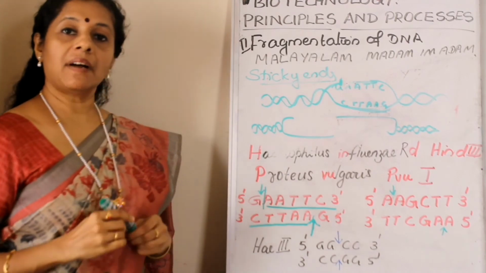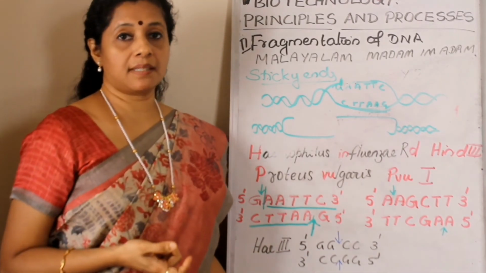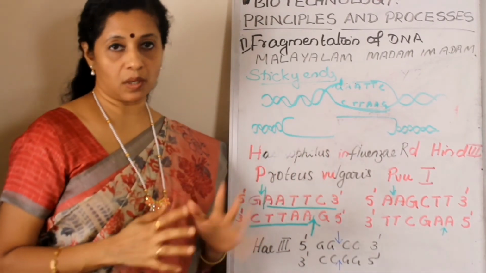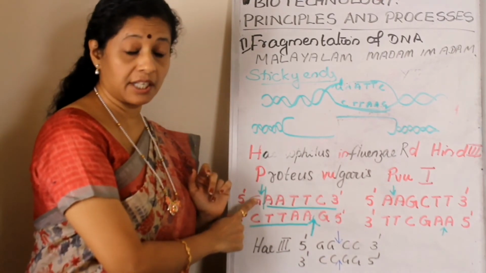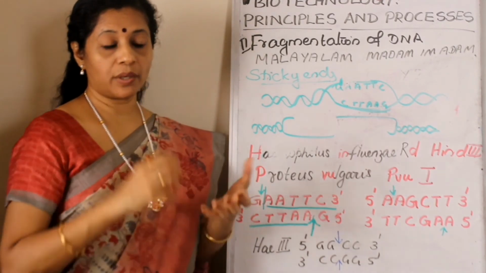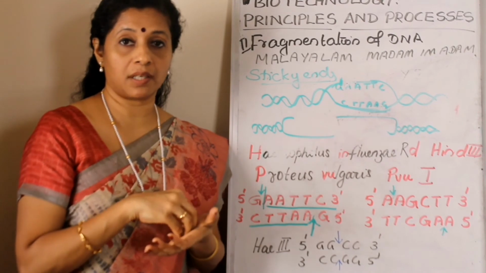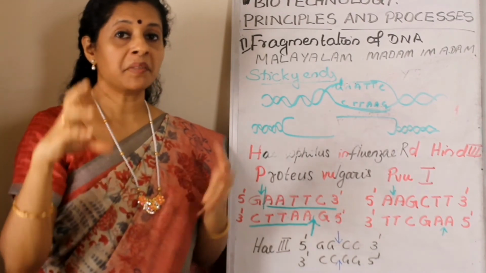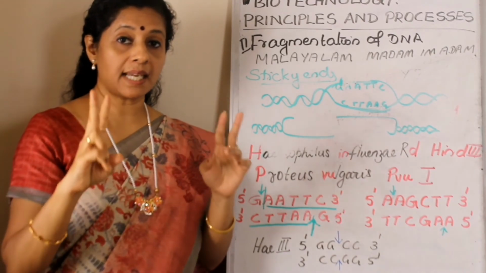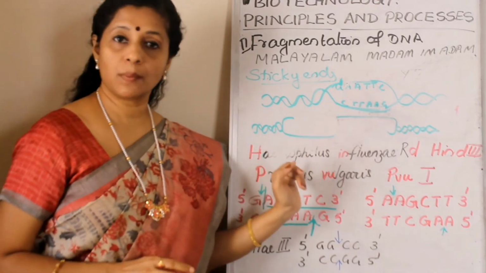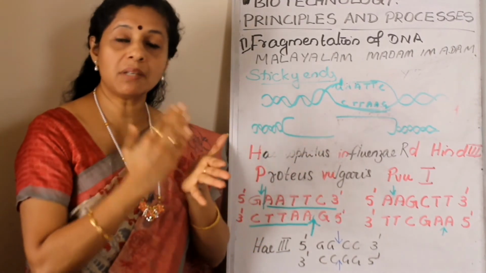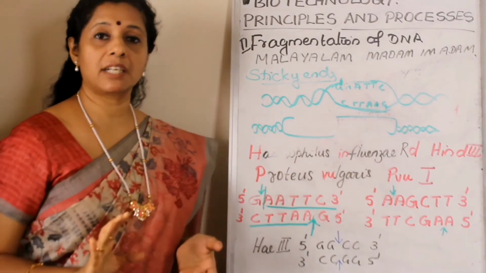If I cut another DNA piece with the same enzyme EcoR1, this is the recognition site for EcoR1. So if I use the same EcoR1 for cutting another DNA, there also I am going to get the same sticky ends with the same sequence, because it will cut only between G and A in this particular palindrome.